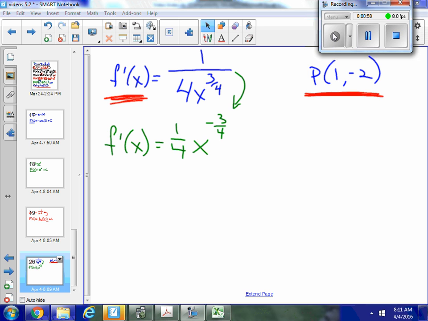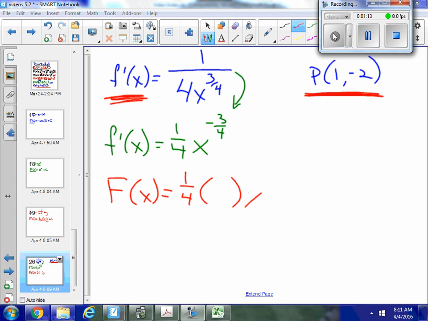So what I know is, I know that the function f of x is going to be equal to 1/4, then I have my placeholder, x. Now I'm going to add 1 to negative 3/4, which is going to make it positive 1/4, plus c. So I'm finding the antiderivative here.